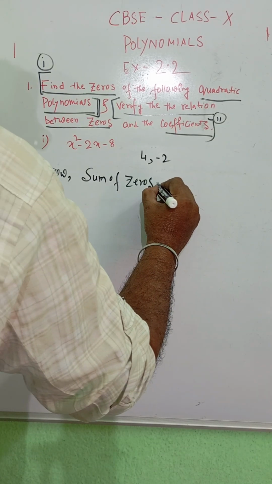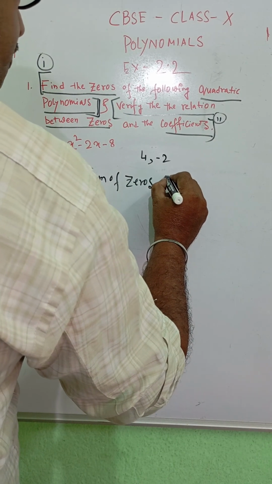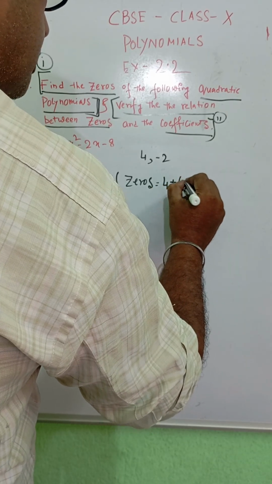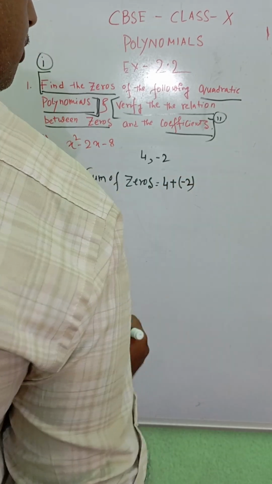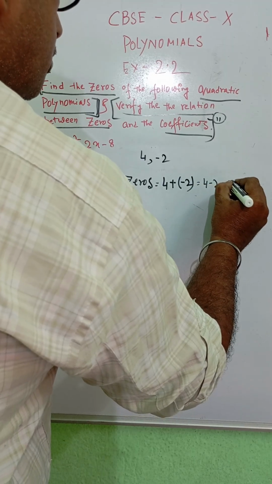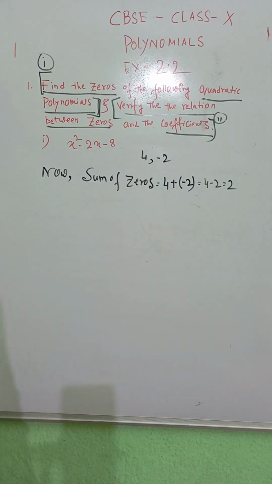That is, sum of zeros is 4 plus minus 2, that is 4 minus 2 is equal to 2.